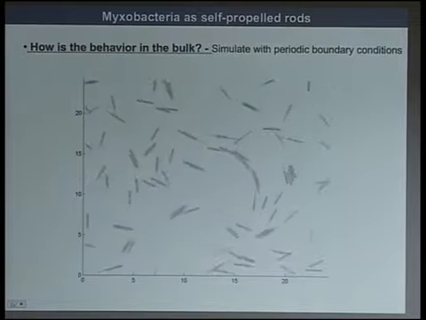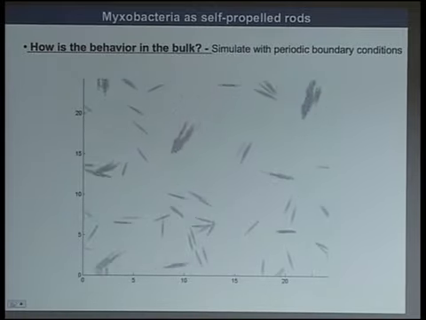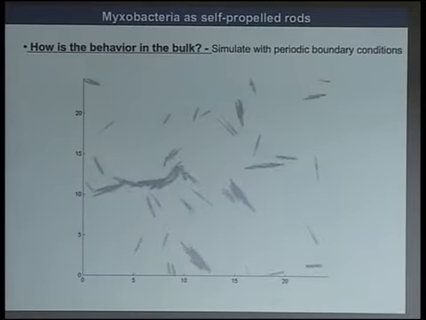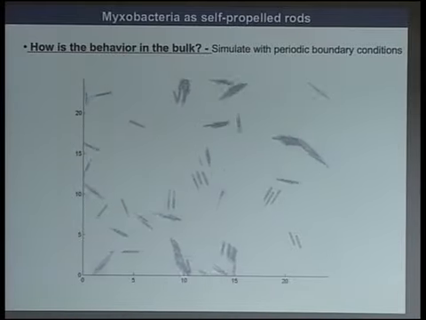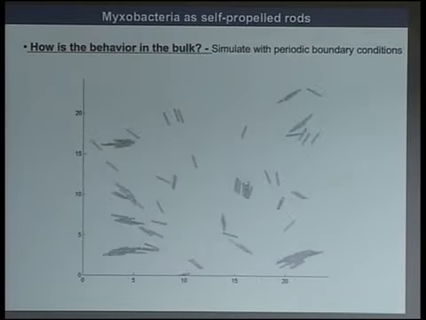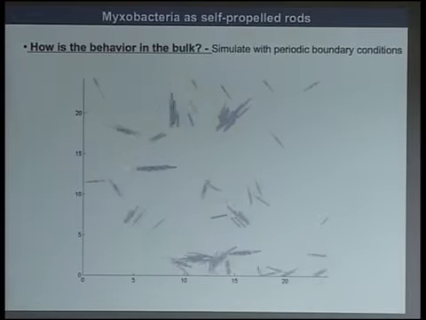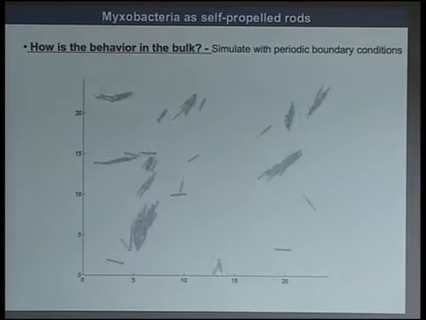So this is the model we have just discussed. What you can see is that these simple rules lead to local alignment. Even though the alignment is nematic, it allows you to form a couple of rods that move in the same direction. You can see that the clusters interact. Here you are going to see that two of them collide and form a larger cluster.